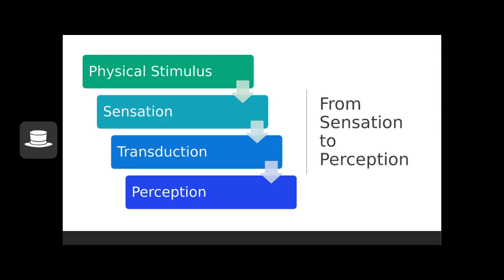Now, what ends up happening is our brain takes that sensory input and then processes it. That is perception. So we're talking about how our brains and bodies receive that information, sensation, and then process and interpret that information, perception. There are four steps that get us to perception.